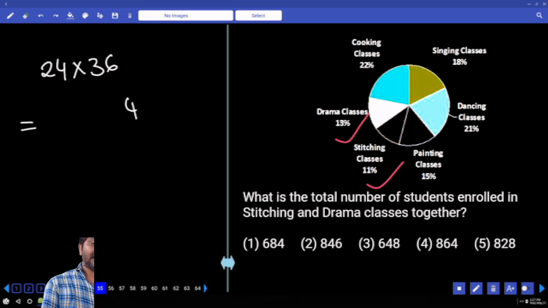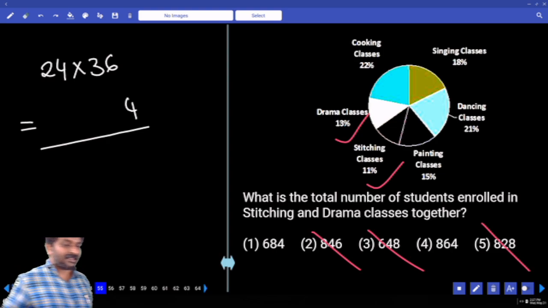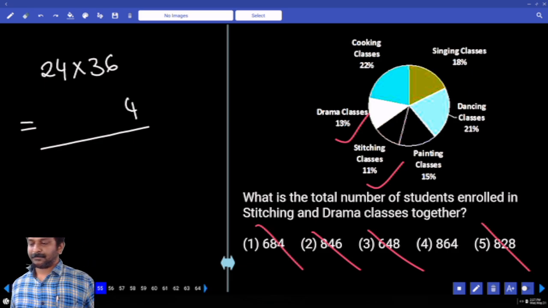Answer must end with, how many are there? 2 options are there, correct? Assume 20 times, then we'll calculate 4 more times. What is 20 times of this? Answer should be more than that. Yes, eliminate.